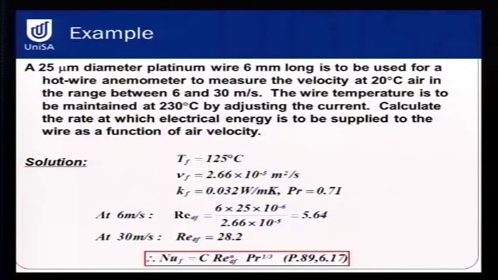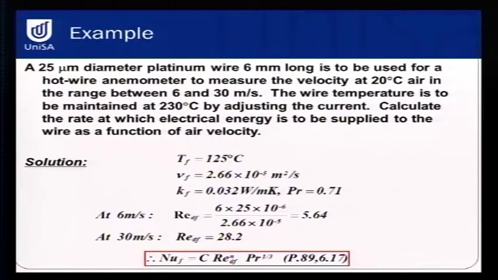So we can work out the film temperature, which is the average between these two: 230 plus 20 divided by 2 is 125. This enables us to evaluate the thermal conductivity and the kinematic viscosity. We need to go from a range of 6 meters a second to 30 meters a second, so we need to look at both of these.